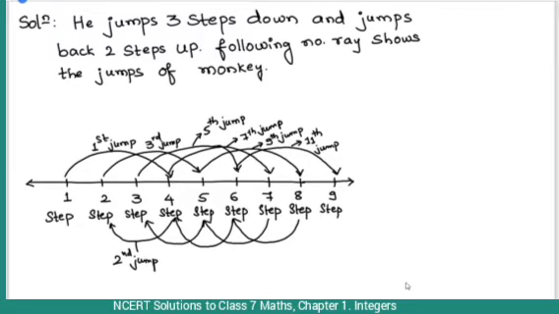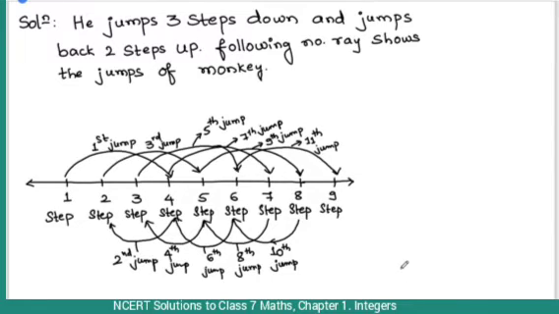Here after every 3 steps down, it jumps back 2 steps up, meaning the second jump, fourth jump, sixth jump, eighth jump, and 10th jump. In the 11th jump, it will reach 9 steps.